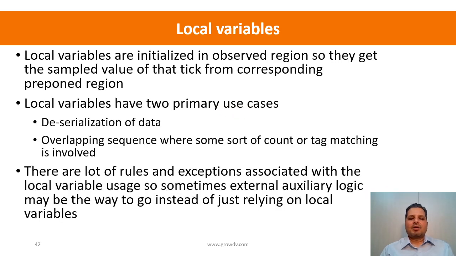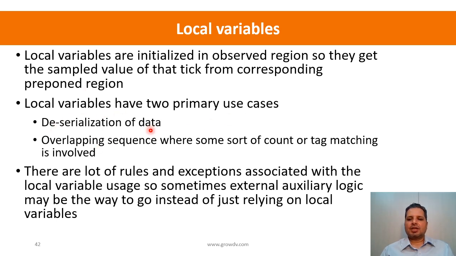Local variables that you create get initialized in the observed region, from the corresponding tick's preponed region values. So if you are using any signals on the RHS, they get initialized from the values in the preponed region. Now, local variables have two primary use cases.